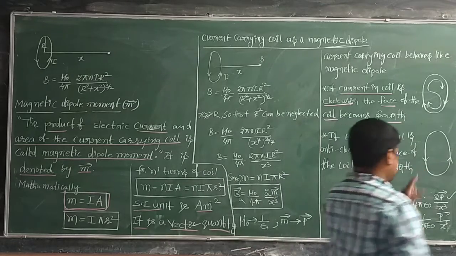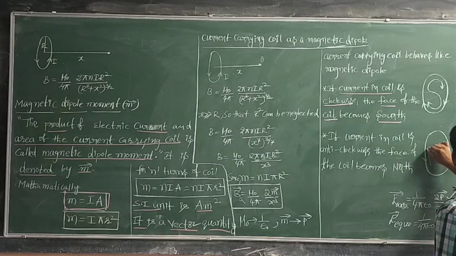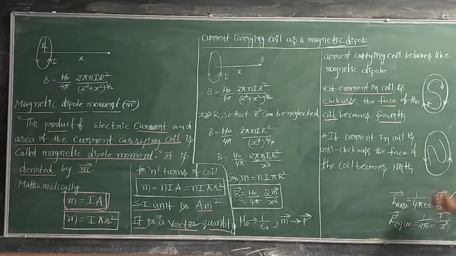North means, see, N, I am writing like this. This is N. So for this one, the arrow is like this. For this one, like this. Now north and south. Yes, make it an important concept.